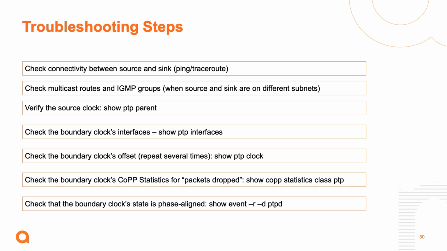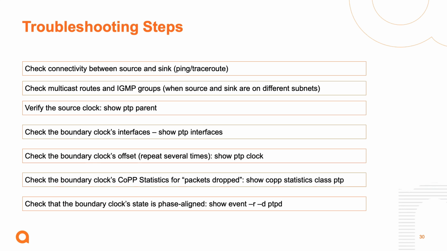Show ptp interfaces here. You can look at the port state, and also in this case, because it's a link aggregation group, it shows you which one is the primary and the secondary interface. And again, for ptp, just check the packet drop within the COPP. Just in case, remember, packets arrive at the ASIC, and from the ASIC will go to the CPU for processing.